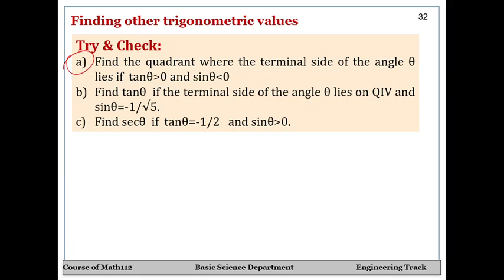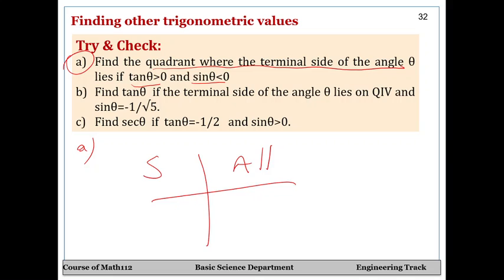A. Find the quadrant where the terminal side of theta lies if tangent theta is bigger than 0 and sine theta is less than 0. All positive, sine positive, tangent positive, and cosine positive.